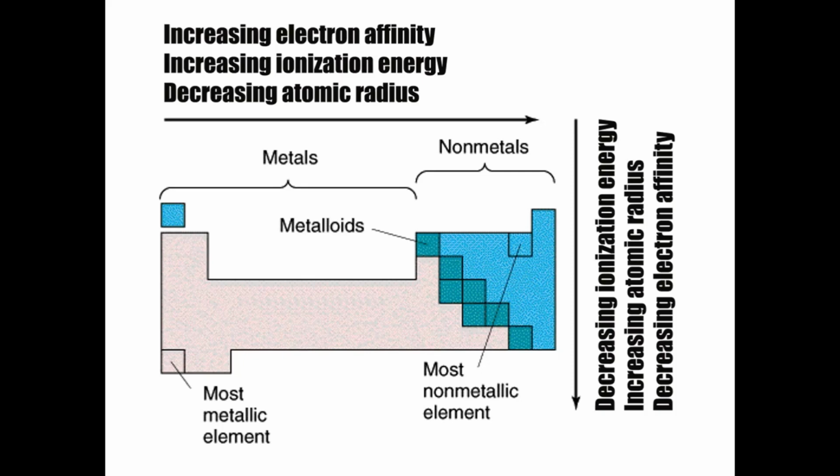For example, atomic radius is decreasing because of an increase of positive force in the nucleus. The more protons you add to a nucleus, the closer the energy levels are pulled in, thereby shrinking the atomic radius. It is for that exact reason that the ionization energy increases going from left to right.